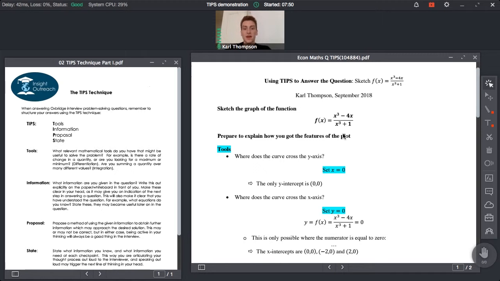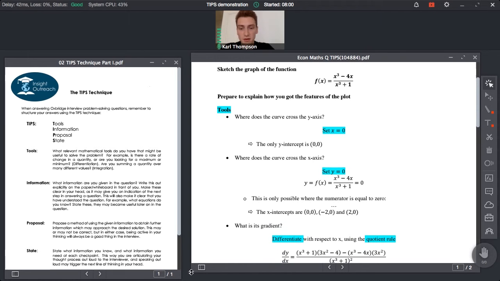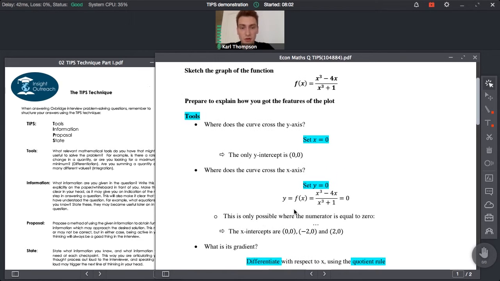And then for the x-axis, slightly more complicated, set the whole expression equal to 0. So here, this can only be true where the numerator is equal to 0, as we can't have a solution giving 0 from anything on the denominator. Perhaps infinity, but let's ignore that.